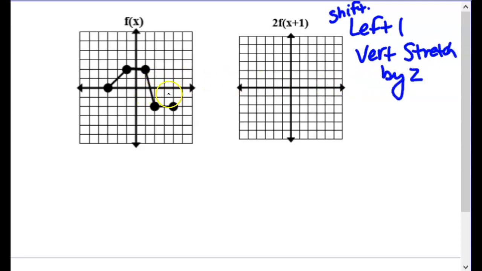So I'm going to shift everything left 1 first. Should be the same size and shape until we do the stretch. Everybody good? What does the stretch do again?